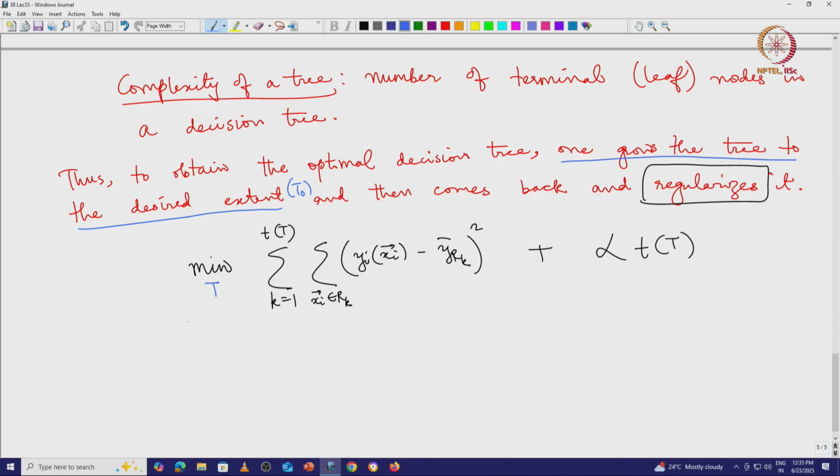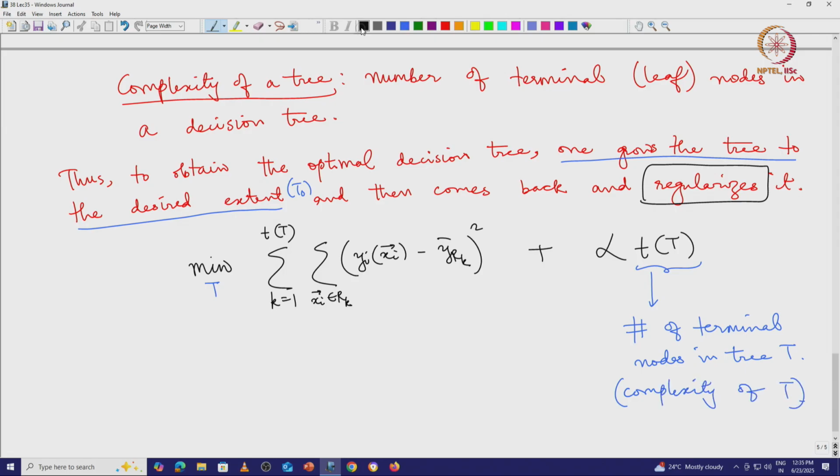Okay. So this lowercase t is a function of capital T. This is basically the number of terminal nodes in tree capital T, and it is also called the complexity of the tree.